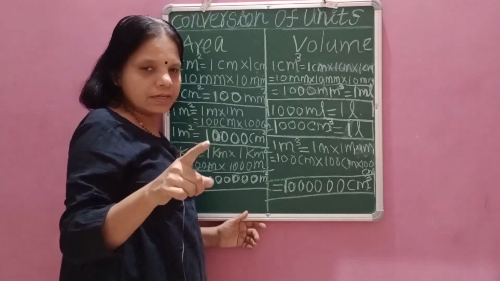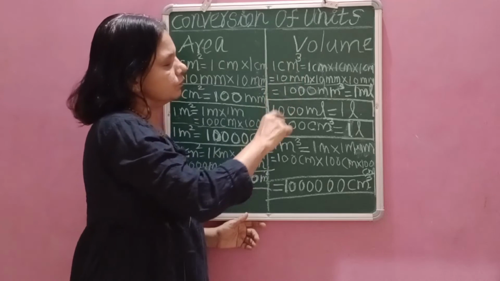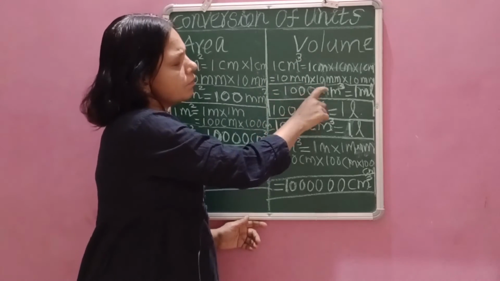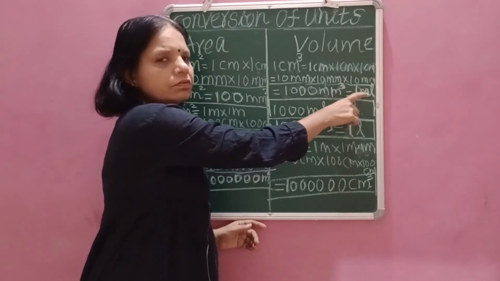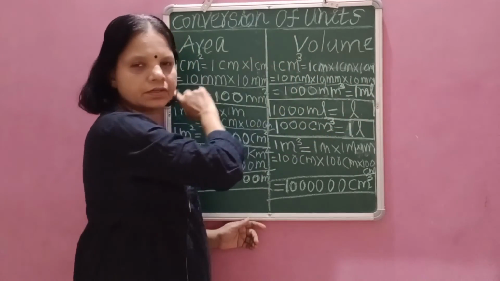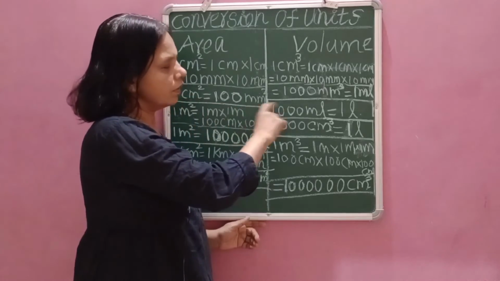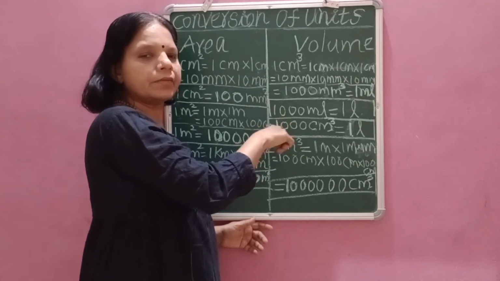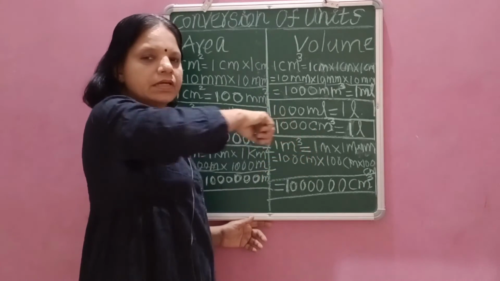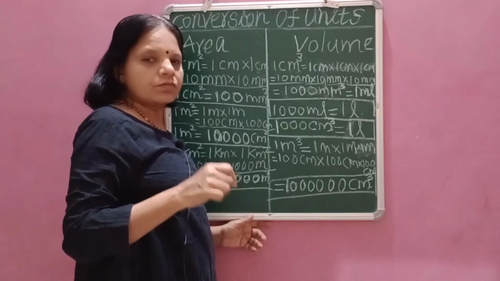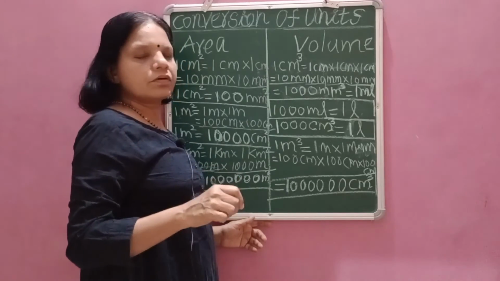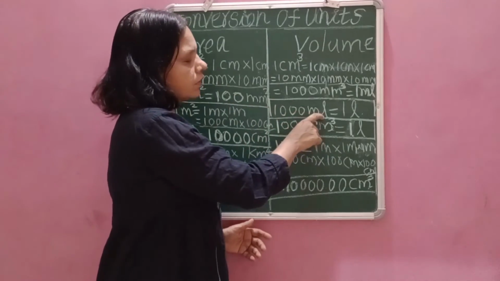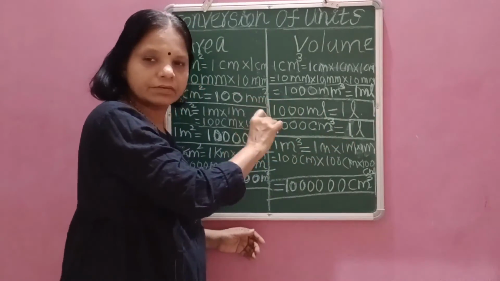So we can say that 1000 millimeter cube is equal to 1 ml because it is equal to 1 centimeter cube. Clear? Understood ml? Now we also know the relation between ml and liter. ml is milliliter. 1000 milliliter equal to 1 liter in the case of liquid.